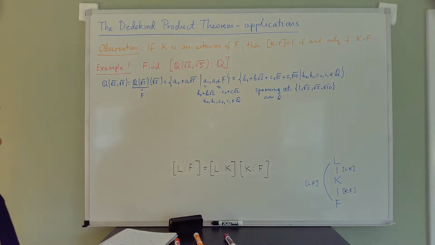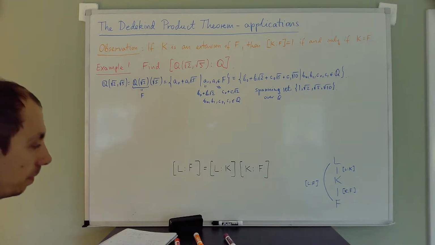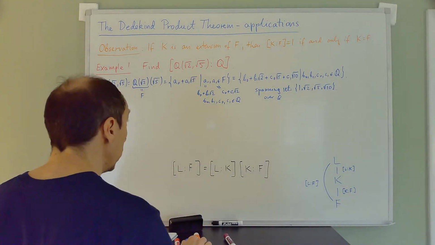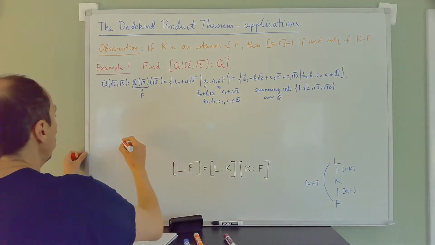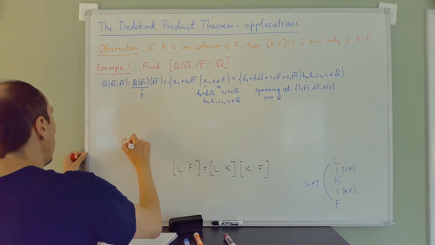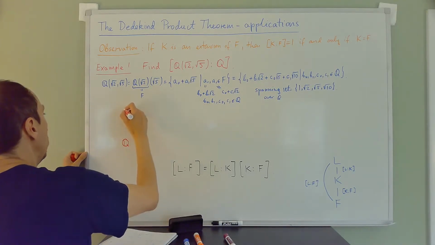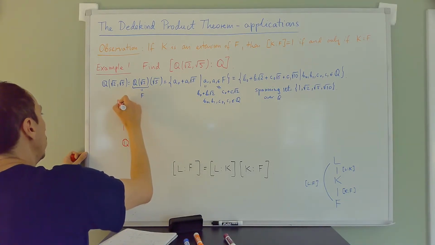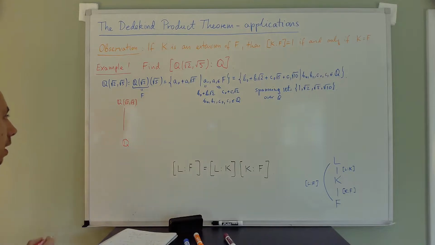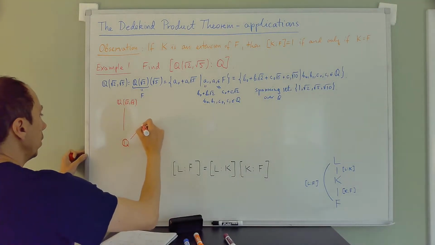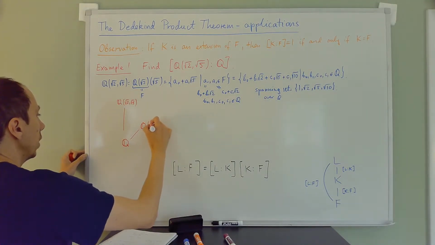So let's actually use the Dedekind product theorem to see that the answer actually is 4. To do this, we're going to draw a diagram of fields. Q is going to be at the bottom, and then Q(radical 2, radical 5) is going to be on the top. In the middle I can put Q(radical 2).